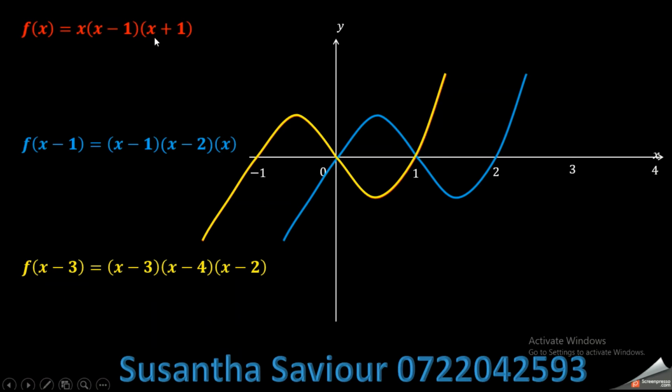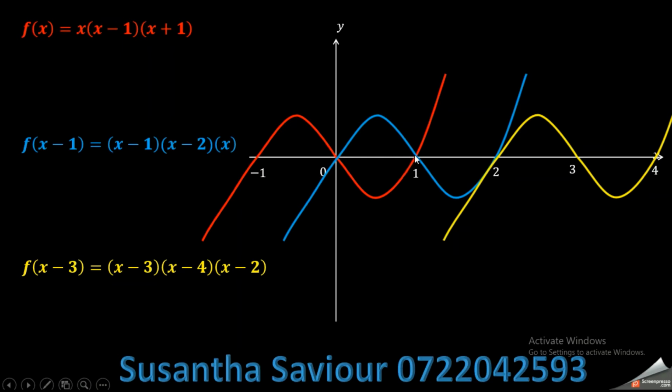That is x minus 2. So we will try to sketch this and see. This is our final graph. See, what happens is this graph will be moved to right hand side by 3 points. Then 0 will go and stop where? 3. Minus 1 will go and stop at 2. Plus 1 will go and stop at 4.